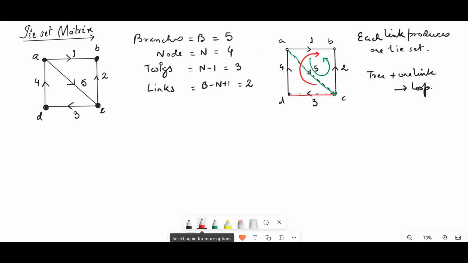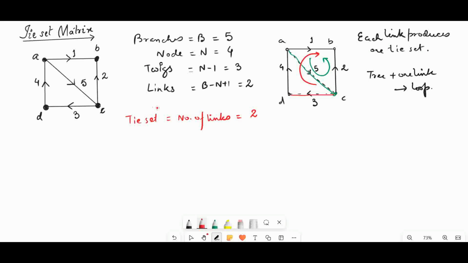The tie-set matrix is a matrix that represents all fundamental loops of the graph. The number of tie-sets is equal to the number of links. In this example we have two links, so the number of tie-sets will also be 2.